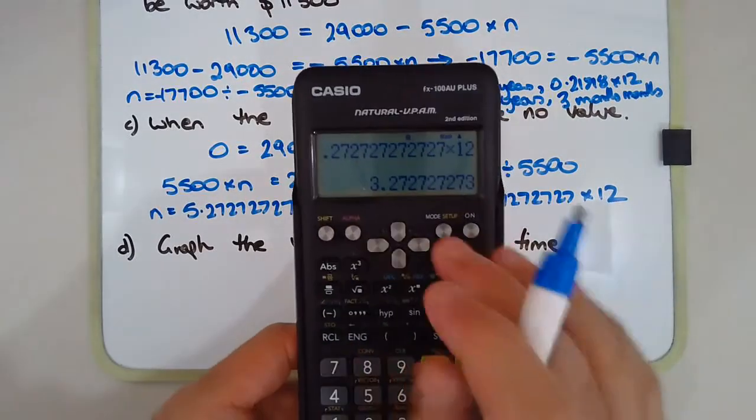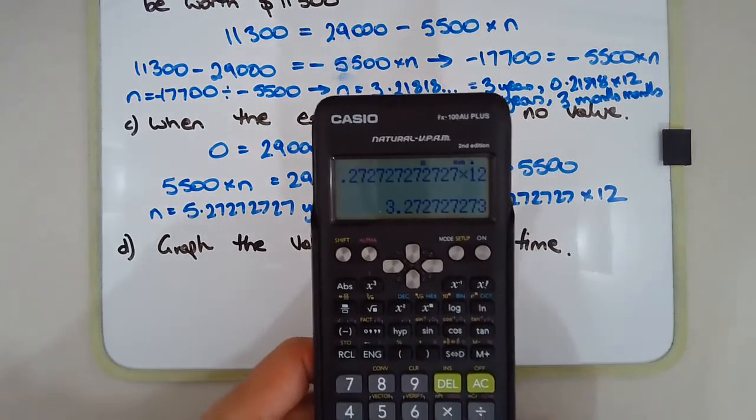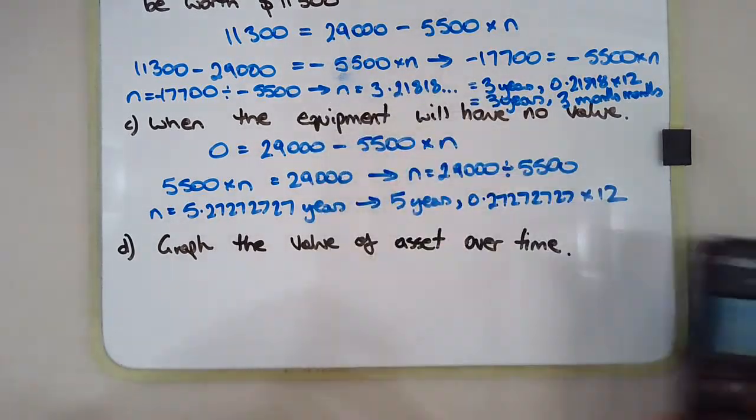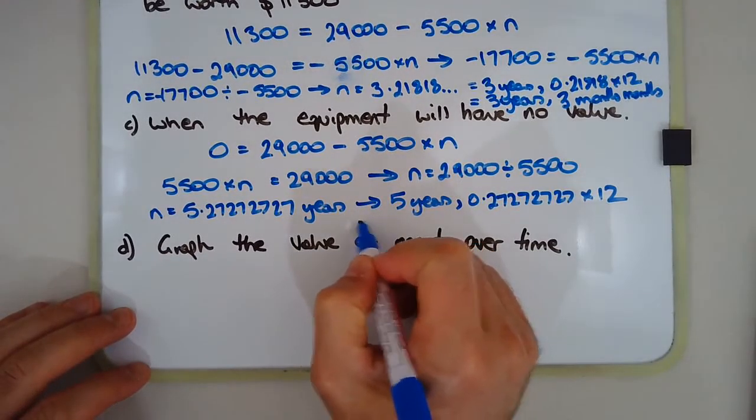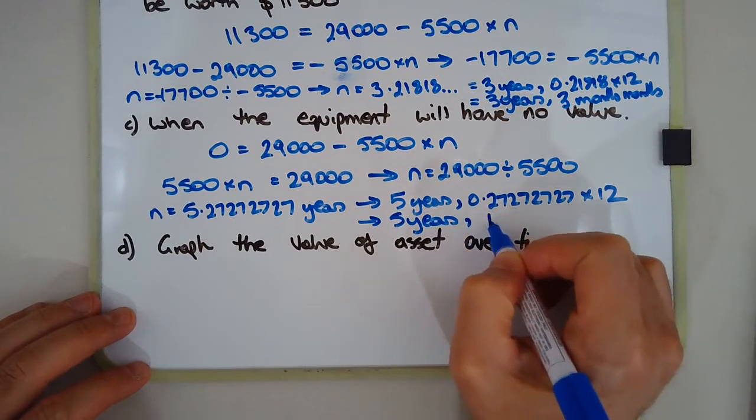So we're actually going to round up, not round down, and there's a good reason for that. So that'll actually be 5 years and 4 months.